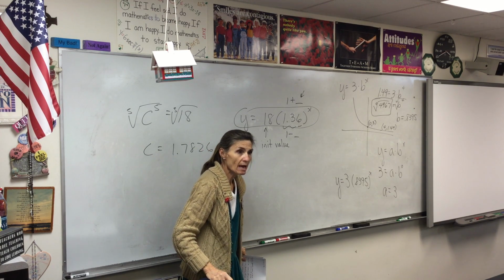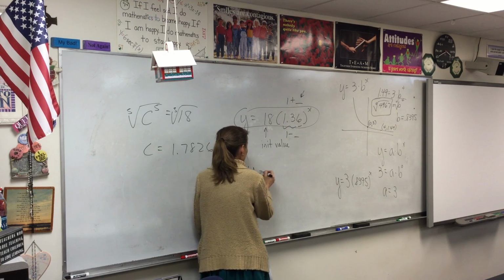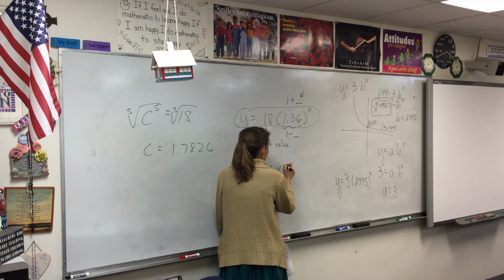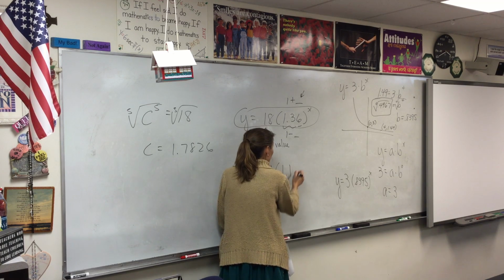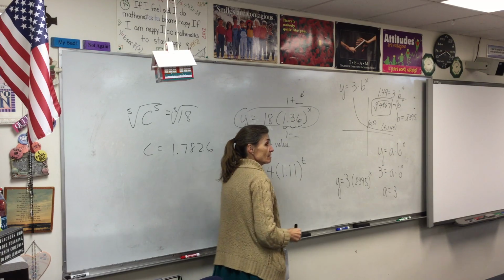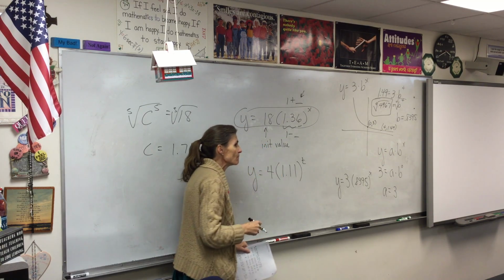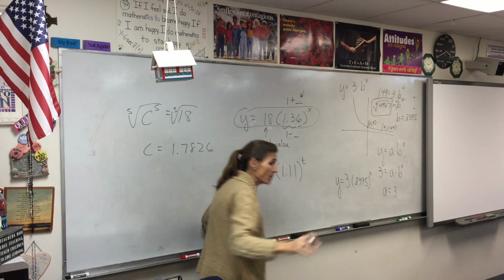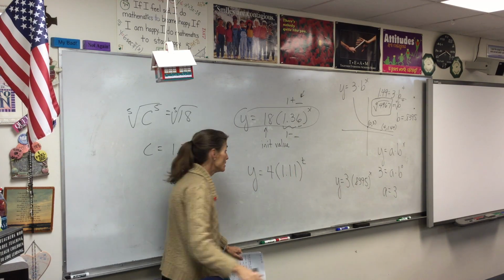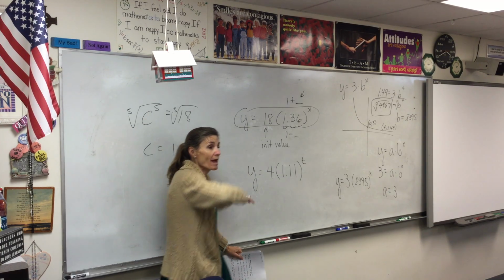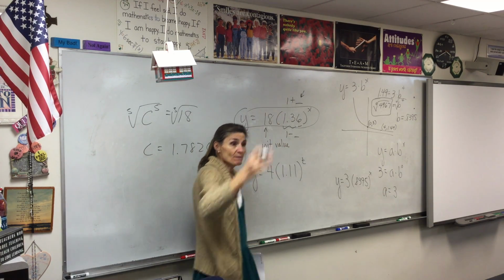I think you can do that. y equals what? 4 times 1.11 to the x, or to the t. It's days, so I'm going to say t for time, but it can be x. Don't let the variable mess you up. Do you understand why that's 1.11? Because we're growing 11% a day.